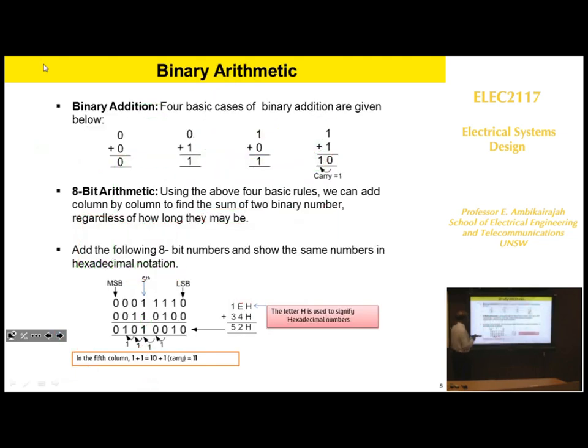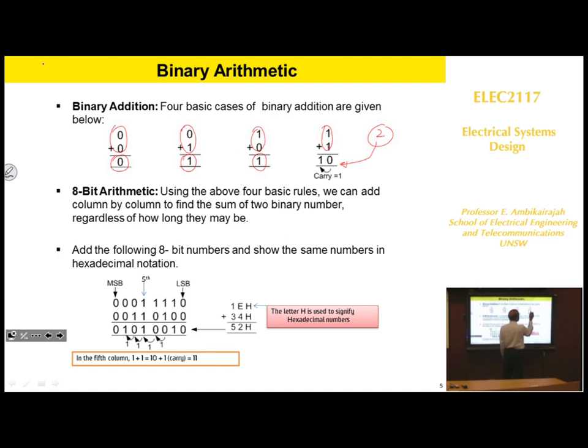Okay, let's move on to the next one. Now we move on to binary arithmetic again, which you have done before, but very quickly I'll run through this. When you add 0 and 0, the output is 0. 0 plus 1 is 1. 1 plus 0 is 1. 1 plus 1 in binary is 10, because in decimal 1 plus 1 is 2, and the binary equivalent of 2 is 10.